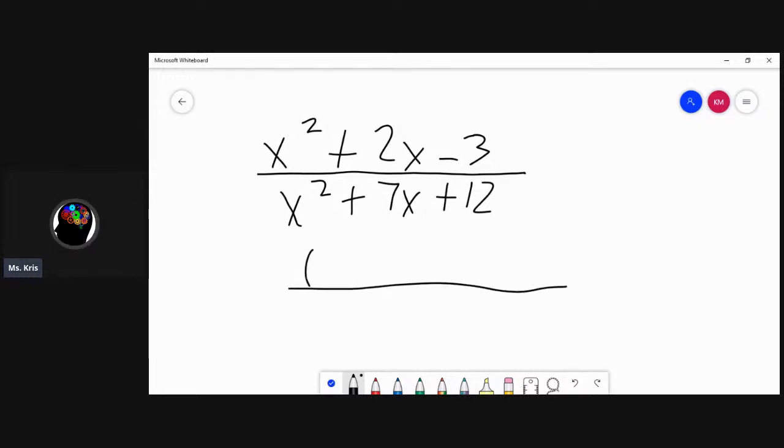To factor the top, of course, simple factoring says what multiplied together gives me a -3, what subtracted from each other gives me a +2. Well, a +3 and a -1 multiplied together gives me a -3. A +3 minus 1 gives me a +2. Therefore, when I factor my x squared plus 2x minus 3, it gives me x plus 3 times x minus 1.